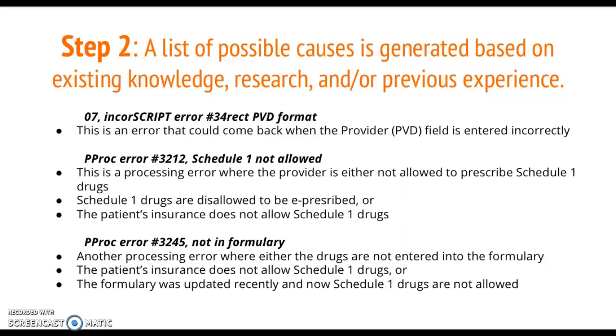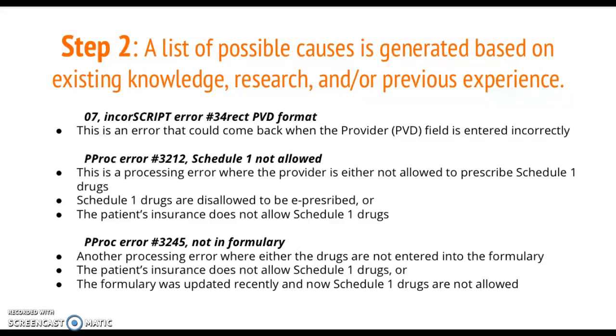So the first error is an O7 incorrect script error. This could be an error that comes back when the provider field is entered incorrectly. The second error is a PPROC error when it says Schedule 1 not allowed.